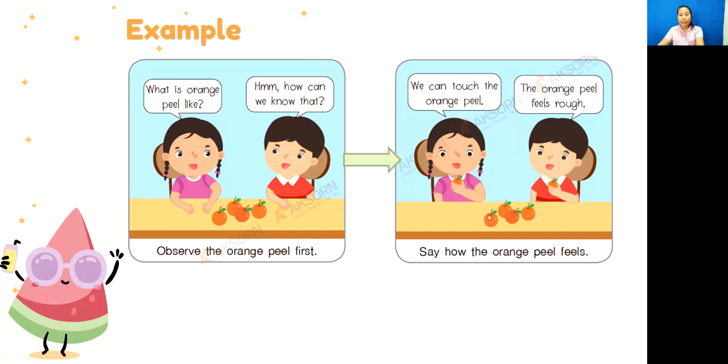This is an example of what senses that they use. Sense of sight, sense of hearing, sense of smell, touch, or taste. What did they use? Very good. Sense of touch. They use their sense of touch.